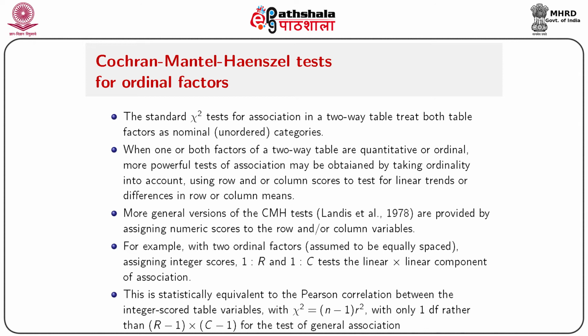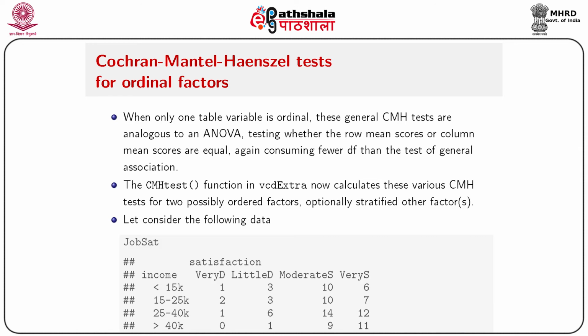This is statistically equivalent to the Pearson correlation between the integer-scored table variables, with chi-square equal to (n-1) r squared, with only 1 degree of freedom, rather than (R-1) times (C-1) for the test of general association. When only one table variable is ordinal, these general CMH tests are analogous to an ANOVA, testing whether the row mean scores or column mean scores are equal, again consuming fewer degrees of freedom than the test of general association.